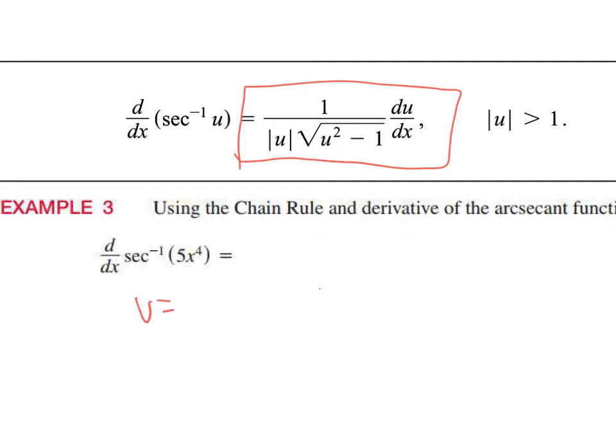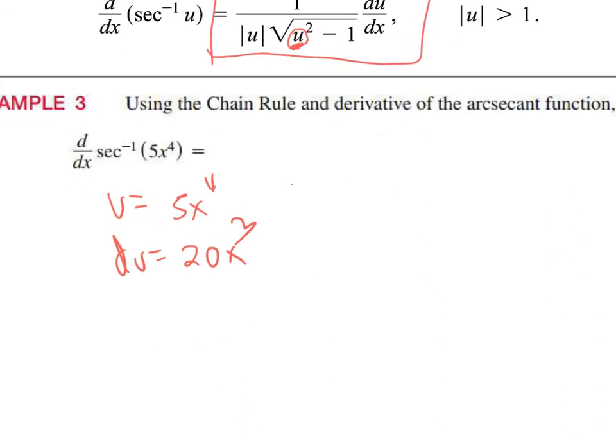Okay, u is 5x to the 4th. Then du must be 20x to the 3rd. If you look up in here, you're going to need a u squared. So I better write that out because I might forget. U squared is going to be 5 times 5 is 25, x to the 4th times x to the 4th is x to the 16. Okay, I have everything I need.